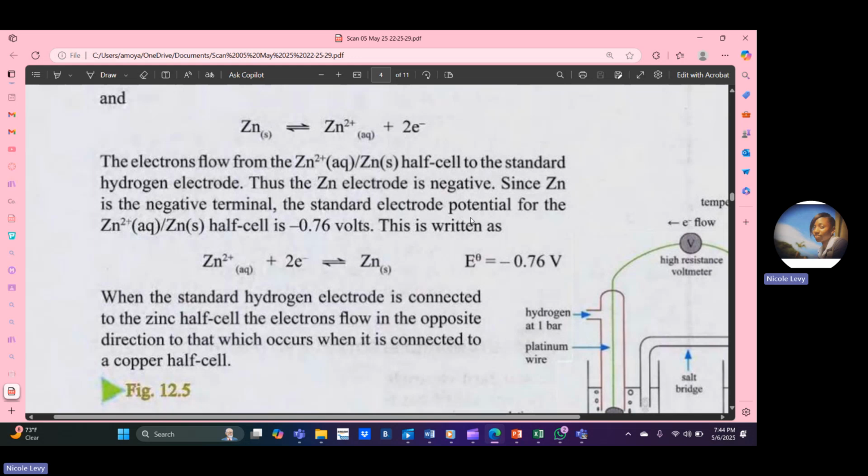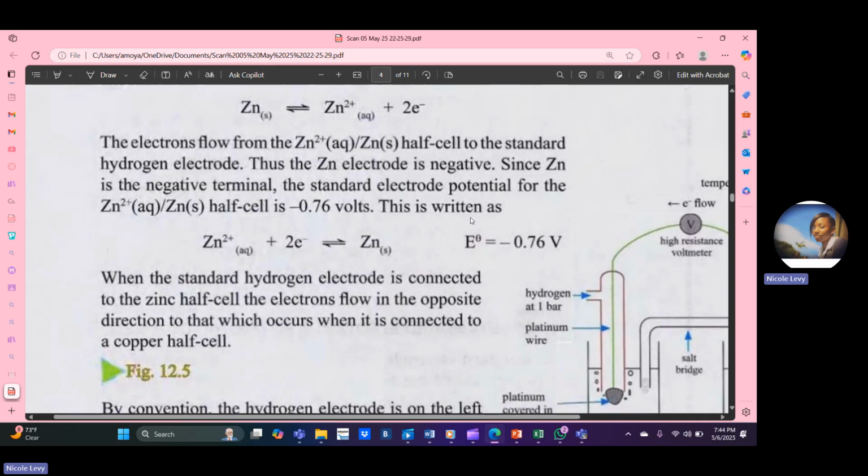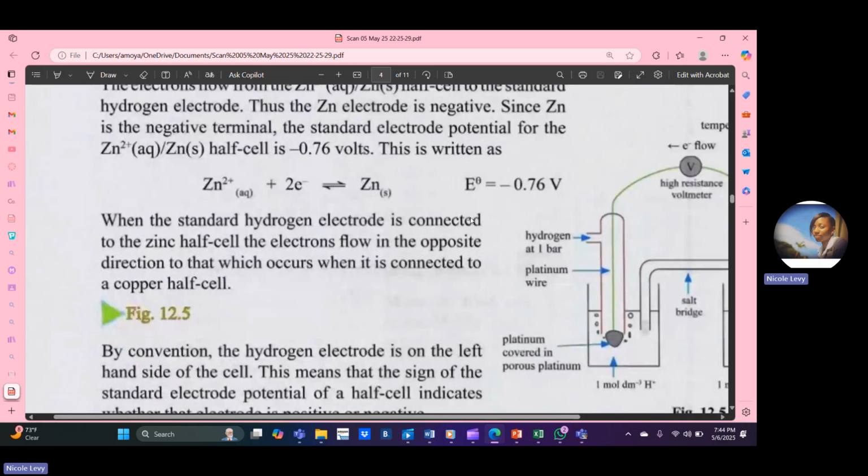So because this half cell is more negative, the E naught value that we get has to have a negative sign in front of it, right? Because remember, the one that is more reactive will have a negative potential value. So the E naught value for that will always be the most negative.